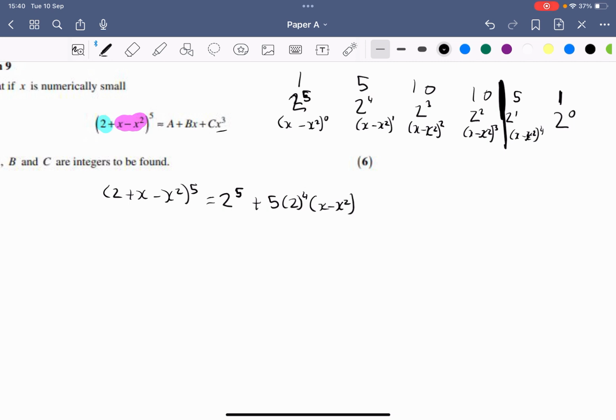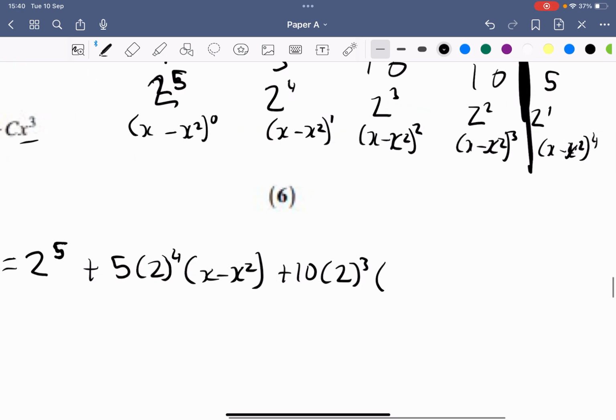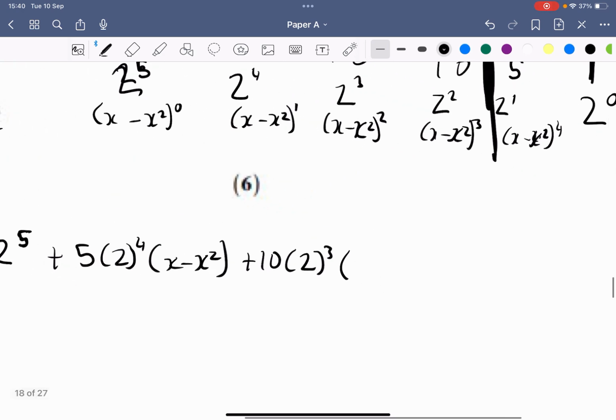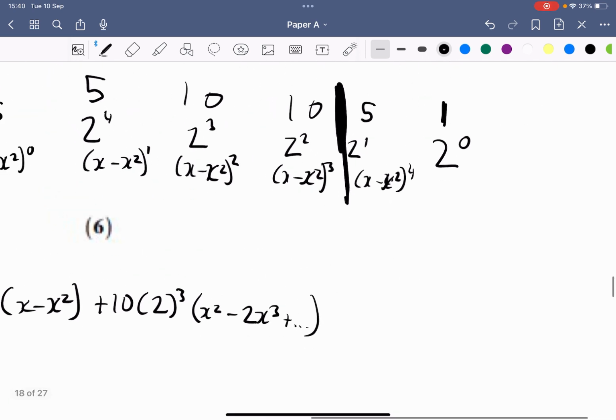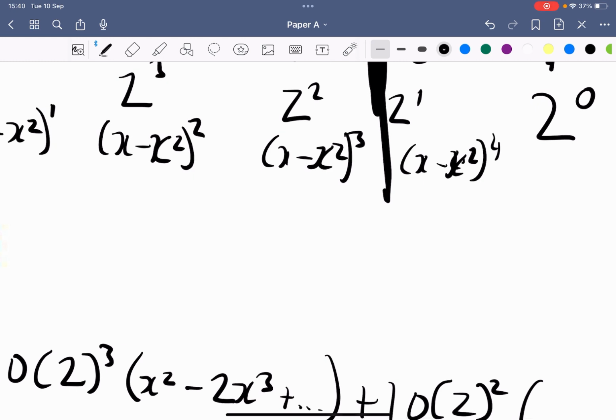And that's this whole term, plus 10 times 2 cubed times (x minus x squared) all squared. I'm going to square that now just to make it simpler. Then we get plus 10 times 2 squared times (x minus x squared) cubed. Now we should do binomial expansion on this bit.